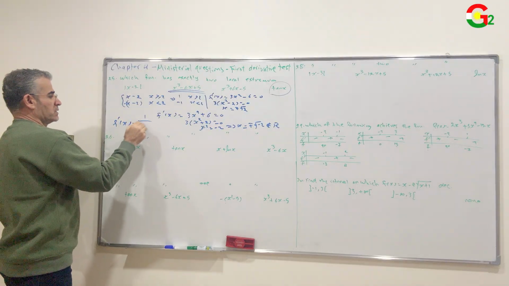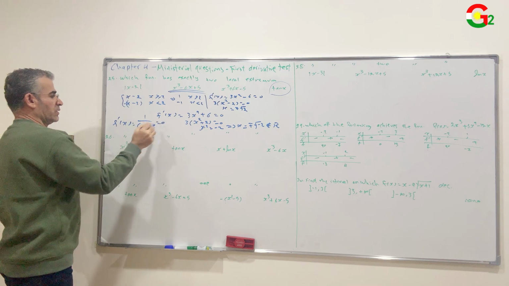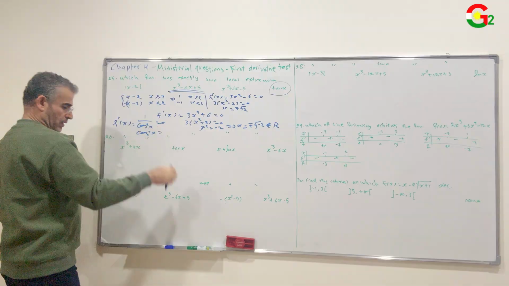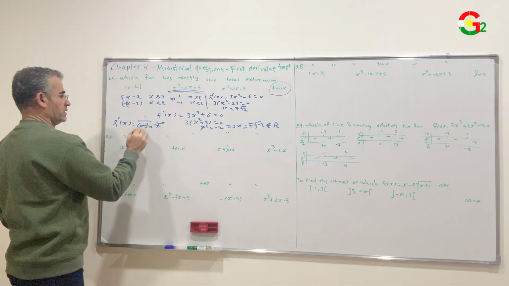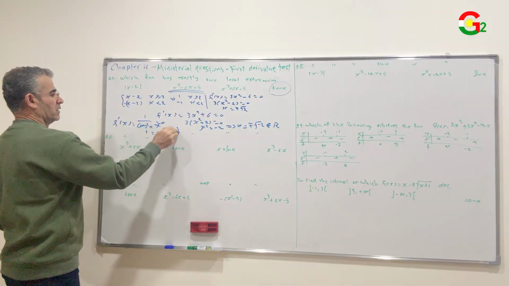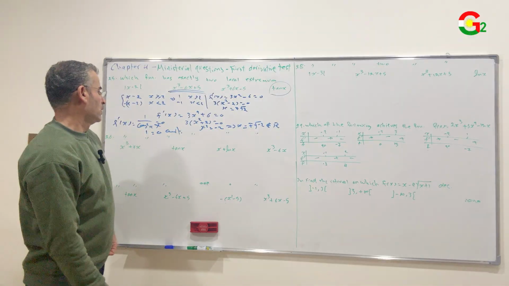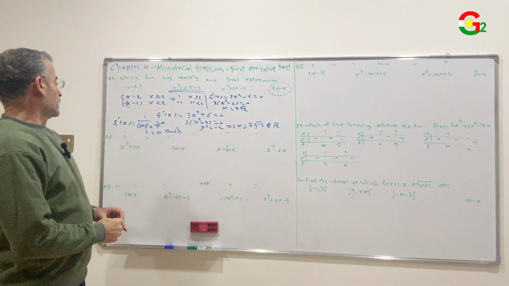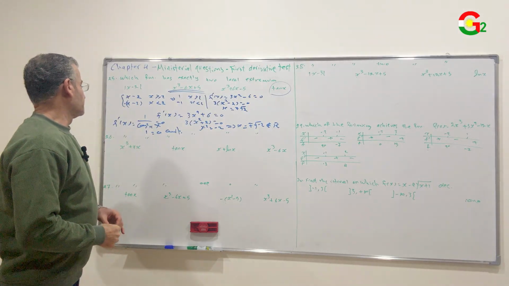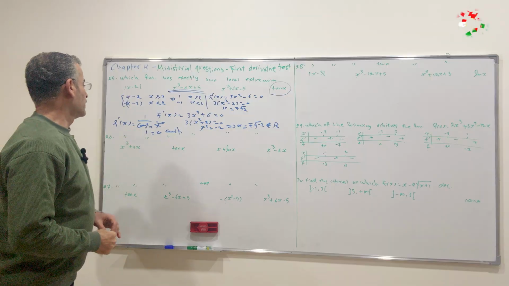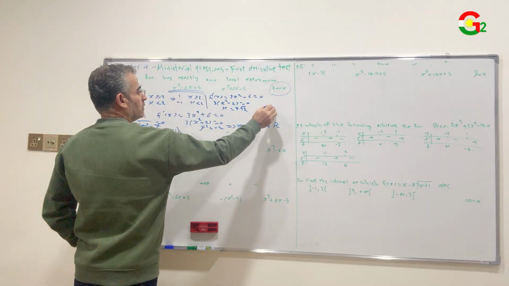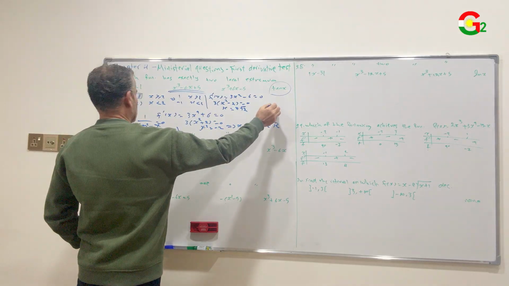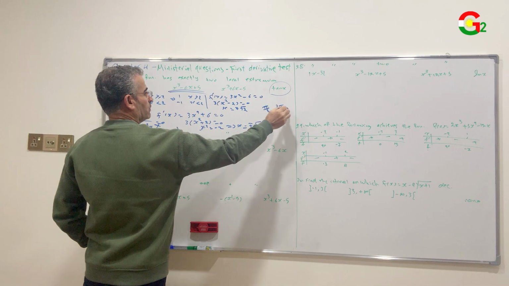1 over cosine square x. Set it equal to 0, then by cross multiplication, 1 equals 0, a contradiction, so there is no local extremum point. The values that make the denominator 0 are pi over 2, 3 pi over 2, and so on.